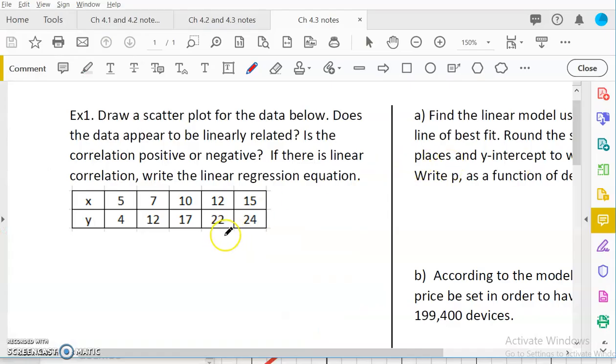So I'm going to write it. I would say, just do a quick sketch, kind of like that, right? Is it linearly related? Yes, linearly related.